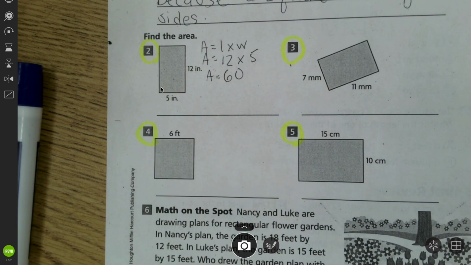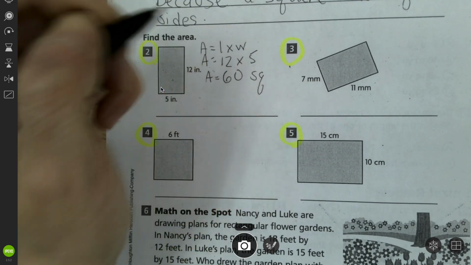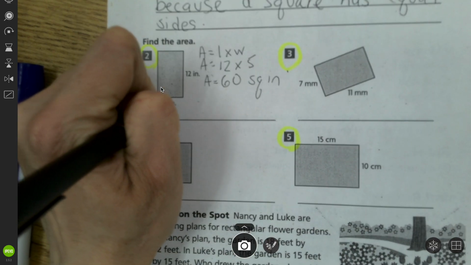What is so important when we are doing perimeter or area? What do we need to add? We need to label our answer with our unit measurement. So 60 square, you can just do SQ, square inches, and then write your answer here. 60.